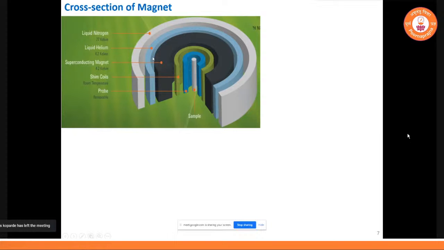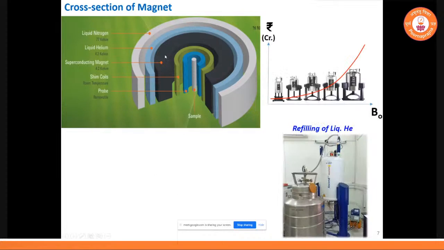Then we have a vacuum, and further we have a liquid nitrogen bath. Then after that, we have the closure of this magnet. So within 1.5 feet, you have a temperature gradient from room temperature to almost absolute zero, 4 Kelvin. That's why as we go for higher and higher magnetic field, your cost also increases. It will rise exponentially.